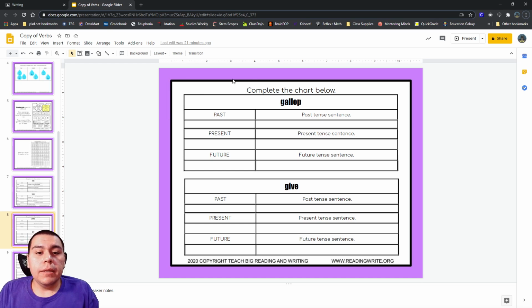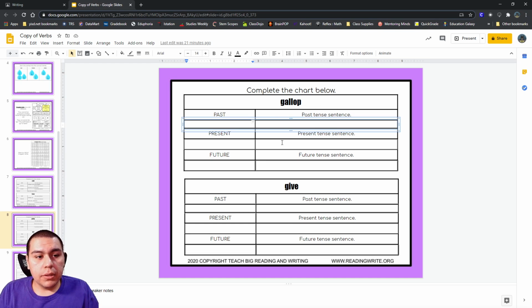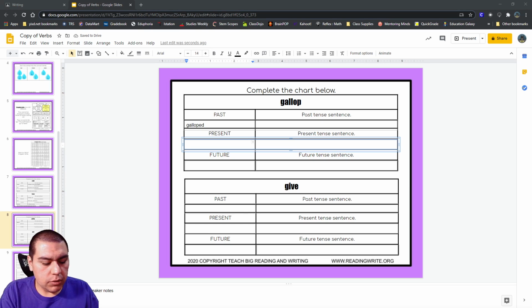Taking a look at slide 8, we have again two different charts. The top chart is for a regular verb, and the bottom chart is for one of our irregular verbs. So for gallop, the past tense, or sorry, this one, I believe it's just an. I don't think we need the second one. Let me double check that.